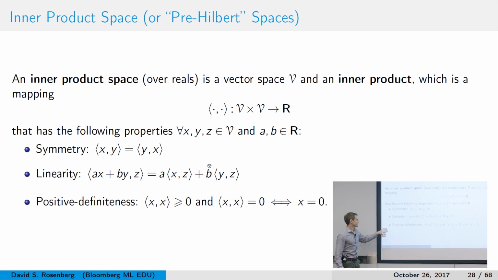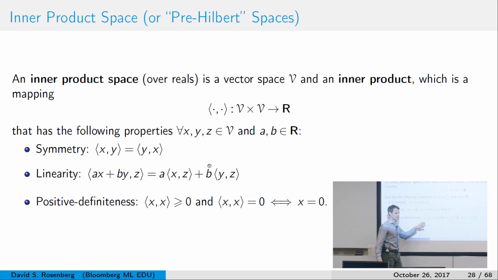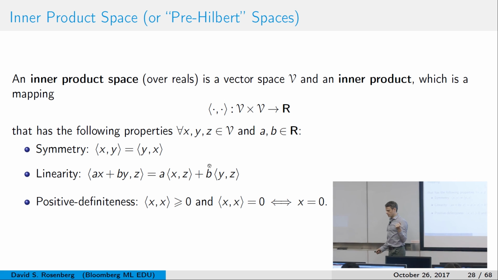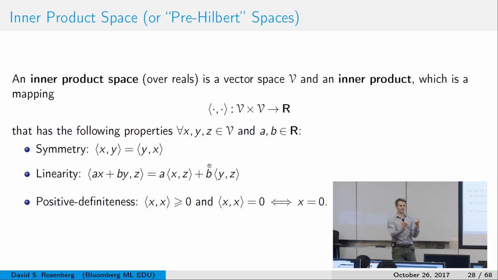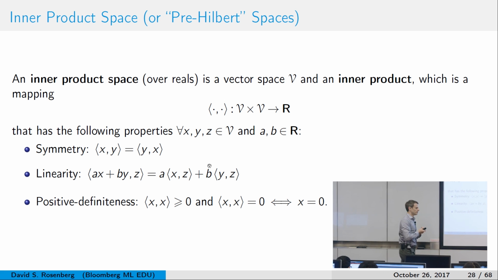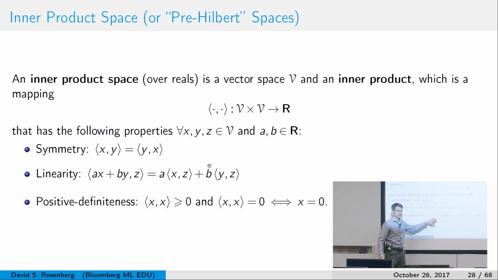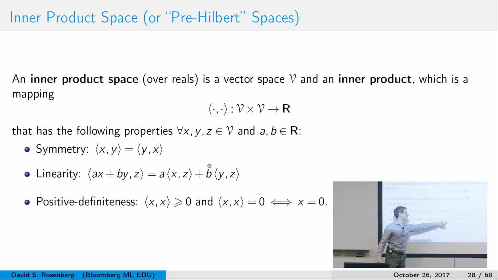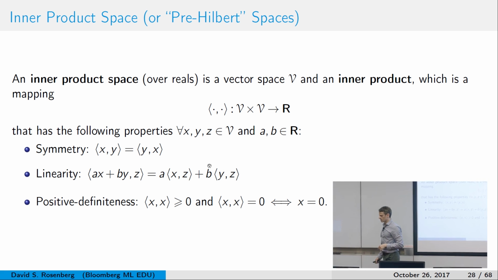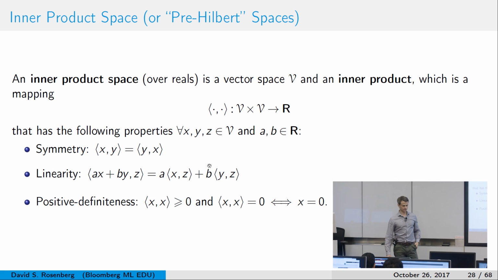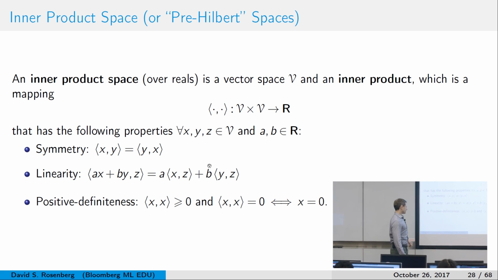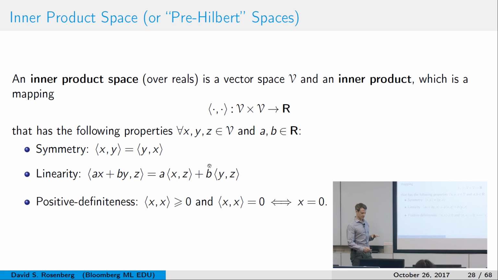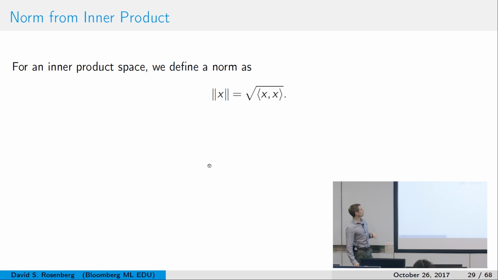And importantly, they have this positive definite property, which says that if you take a vector and take its inner product with itself, the result needs to be non-negative. And the definite part is that it's 0 if and only if x is 0. Okay? So we're going to use this to make a nice norm.